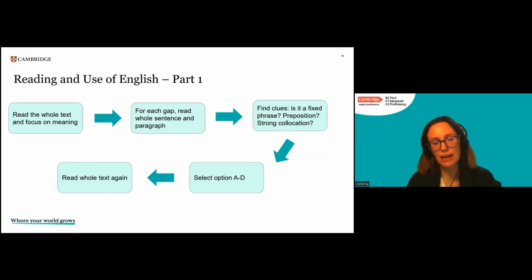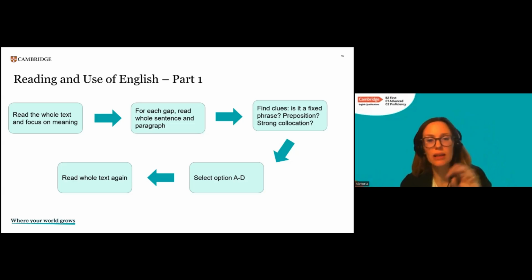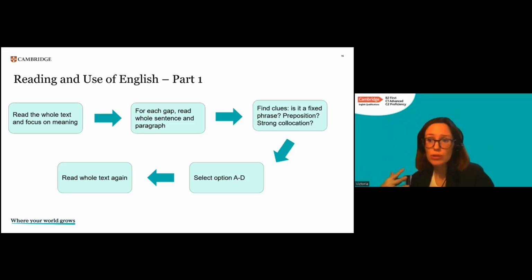Just read the text to get a general idea of what it is about. Then, once you've done that, focus on each gap and read the whole sentence and maybe the paragraph. Look at what comes before, what comes afterwards, and then you may decide, okay, I need to look at the sentence, or I need to look at the paragraph in order to fill in that gap.